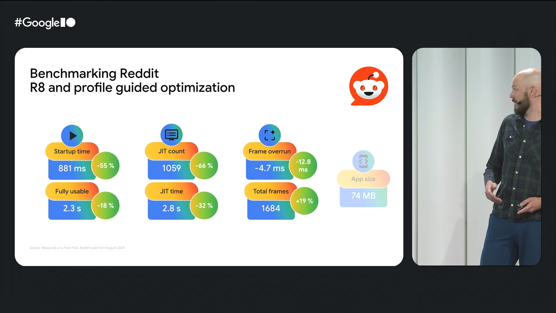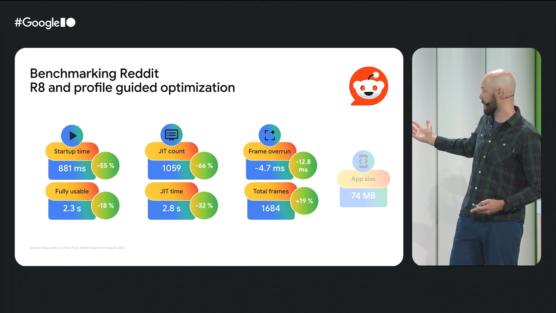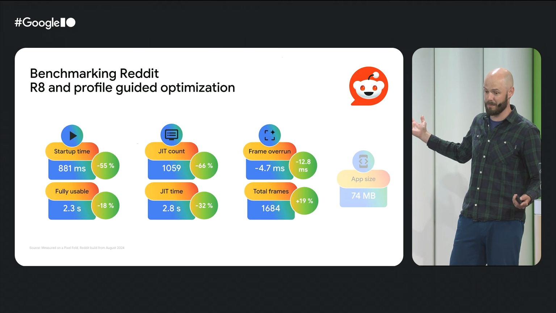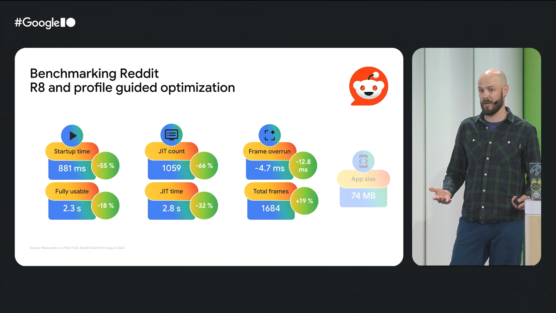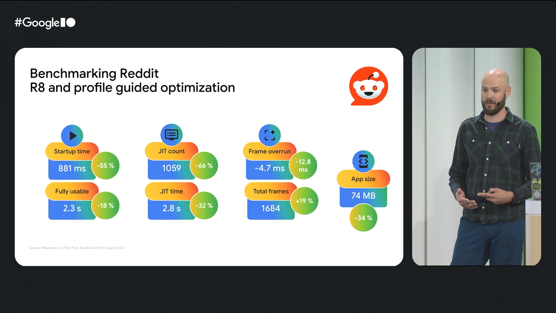And frame rendering is already way below the threshold, dropped by 12.8 milliseconds. So you see that it was above that before. And the total frames rendered was more than 90% more after applying these optimizations. And the app size was reduced by over 1/3 after applying R8.